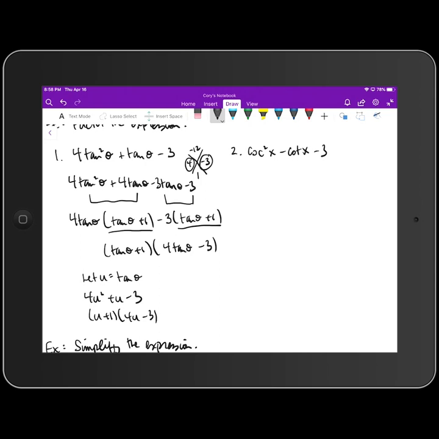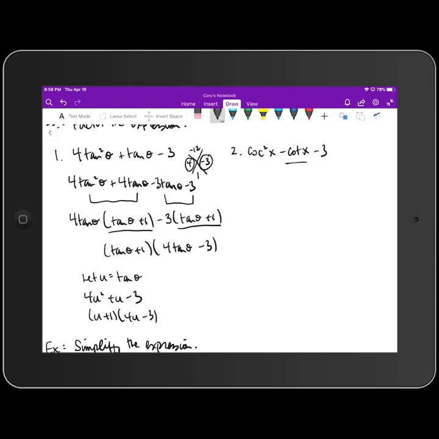Well, if I want to get the entire expression written in terms of cosecant, the good news is the first term, cosecant squared, is already written in terms of cosecant. The problem that I have is taking this middle term, cotangent, and writing it in terms of cosecant. And that's going to be really difficult for me to do. So when you run into problems like this, it's actually easier to get the trig function written in terms of the middle term.